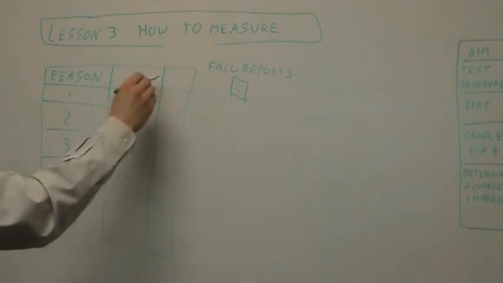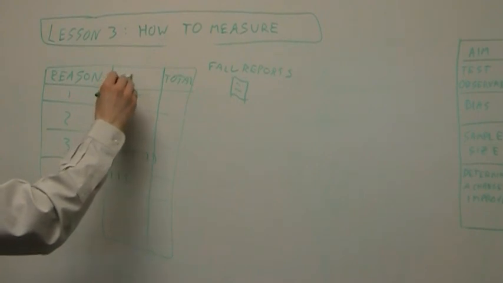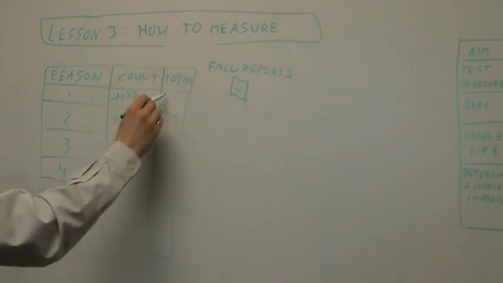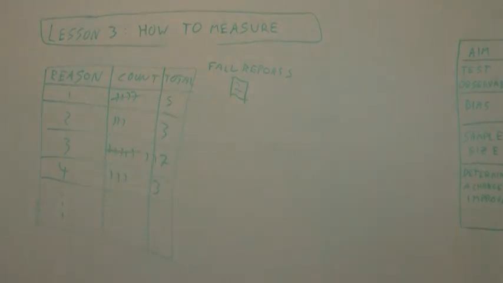In a column here, call this total. This is the frequency count column, and for the total, you just write the number. So 5, 3, 7, 3, whatever that might be. And this is essentially the way that you measure for information you're looking for when it's a counted value rather than a process time.